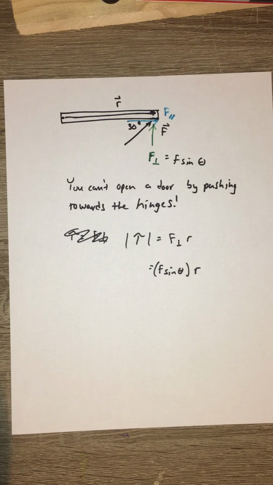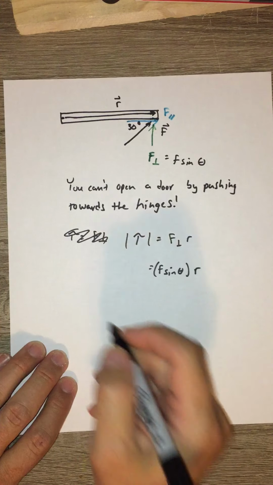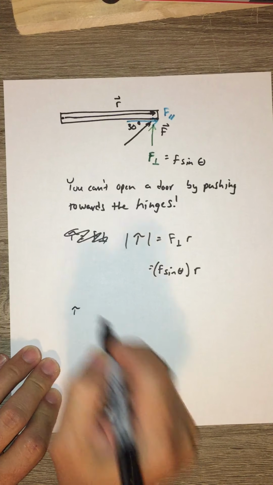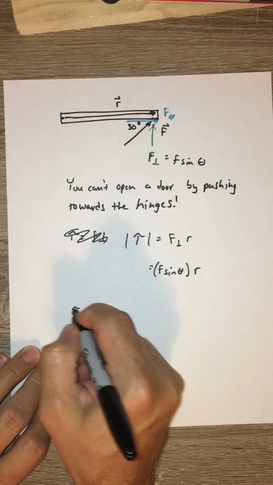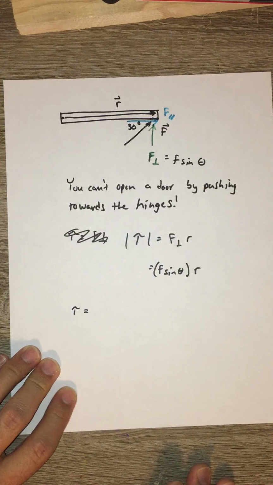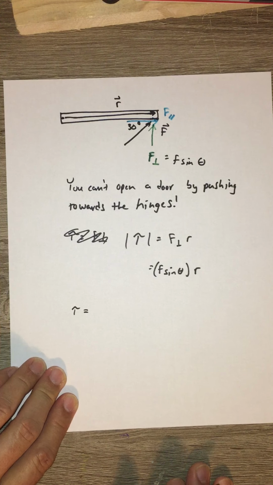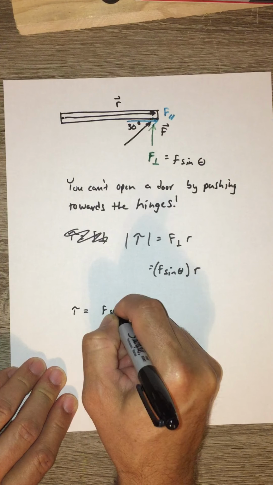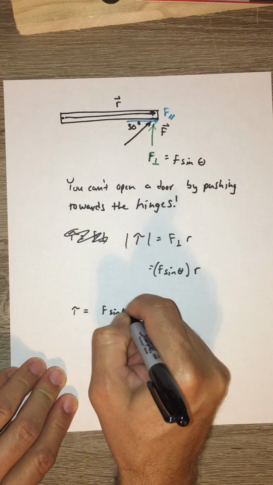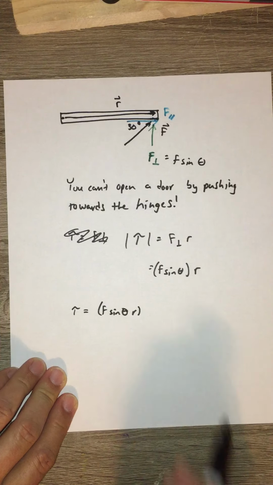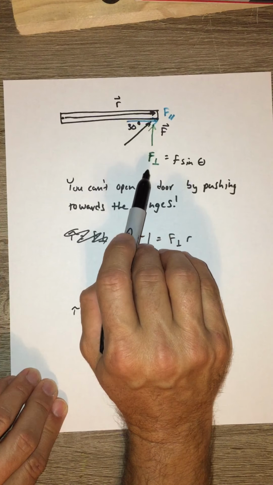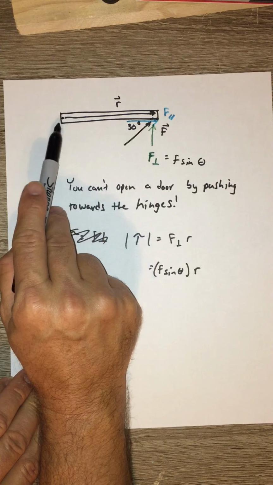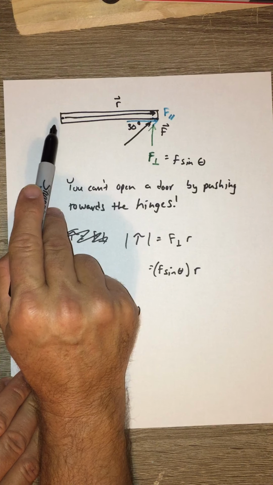All right, we've got the magnitude. What about the direction? Well, if I want to treat torque like a vector, I'll leave off the vector symbol. Torque is going to be F sine theta R. Now let me ask myself, what sort of rotation would this force produce if it were acting and the object were free to rotate about this point?